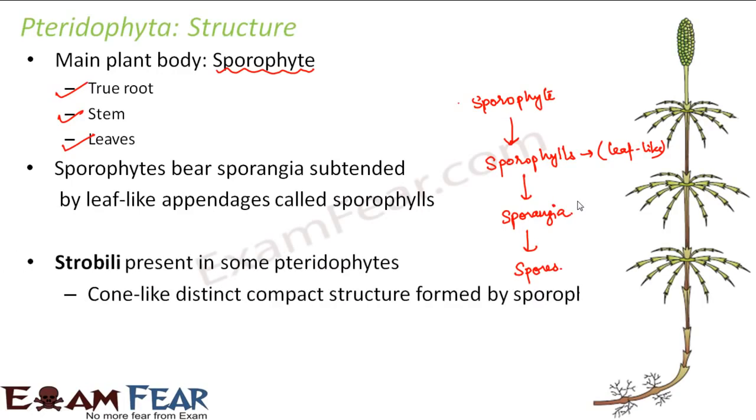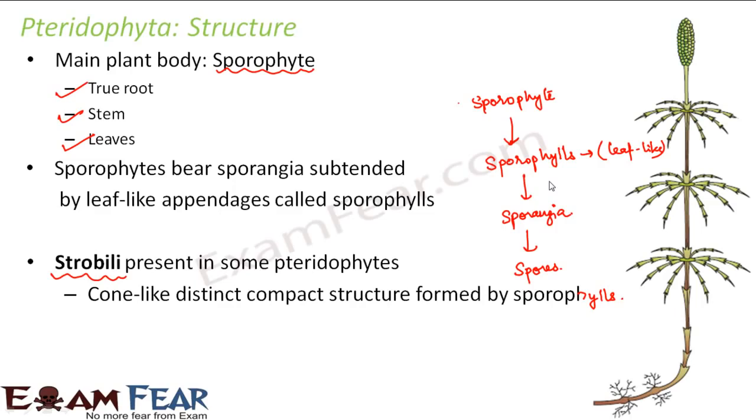Now we talk about another structure present here: strobili. Strobili are present in some pteridophytes. What are strobili? Strobili are cone-like, distinct, compact structures formed by the sporophylls. The sporophylls join together to form a compact structure known as strobili, or cones.